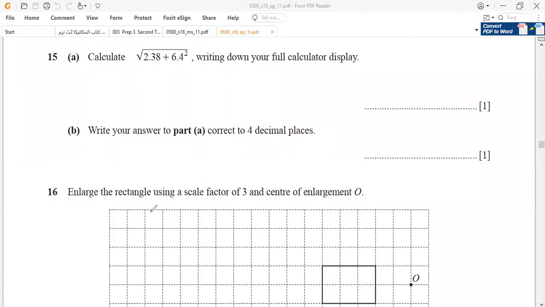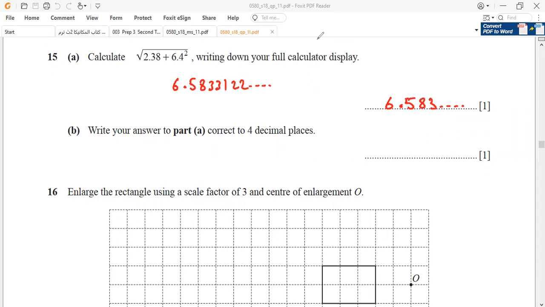The answer after doing it in the calculator will be 6.5833122, and so on, infinite decimal. So we can write here 6.583 and so on. In part B, write your answer to part A correct to 4 decimal places.